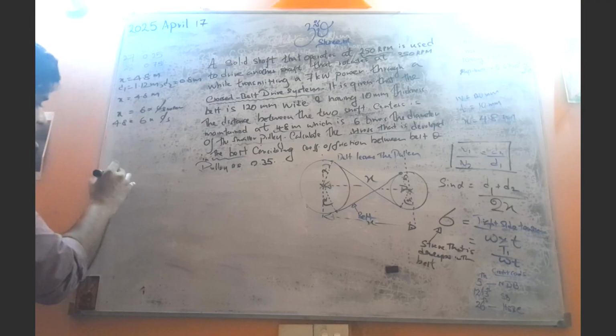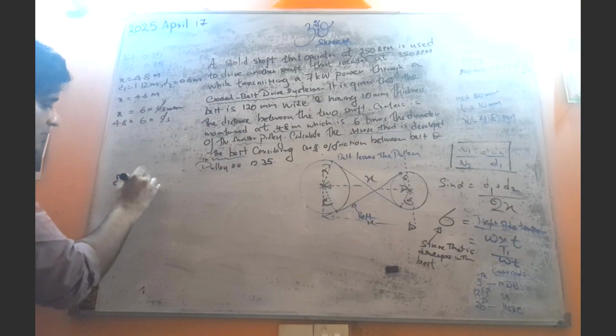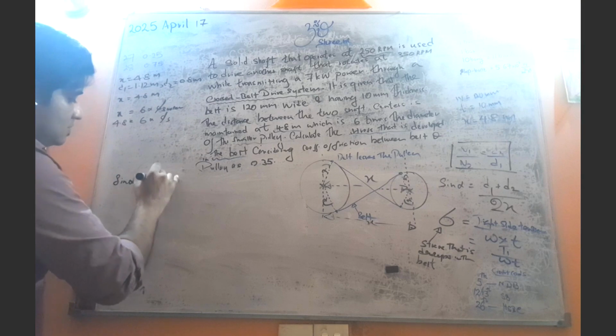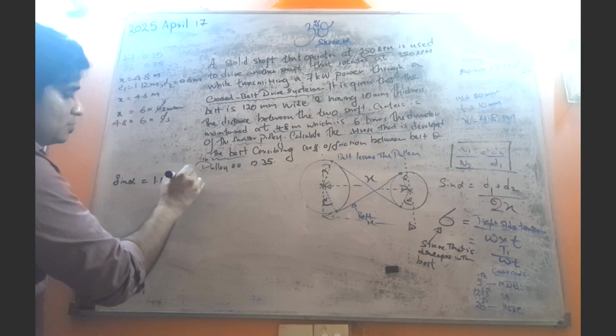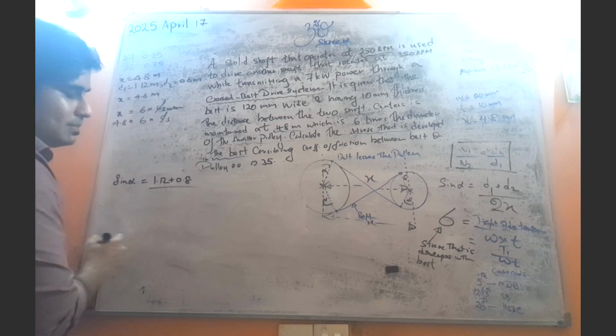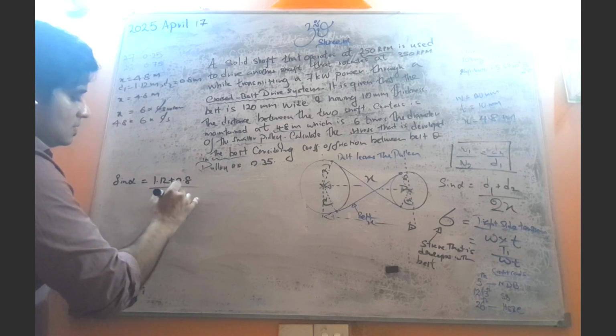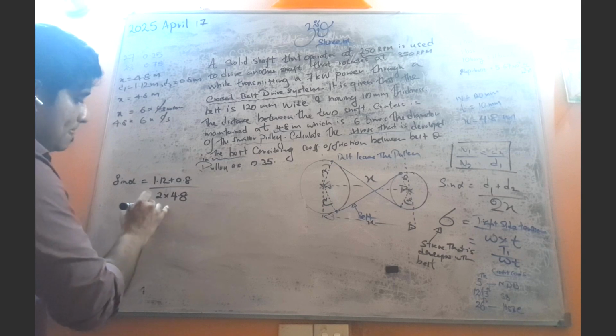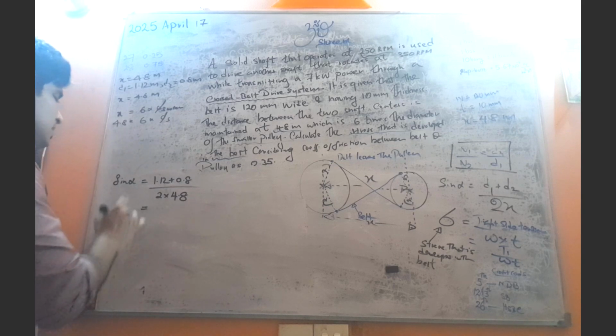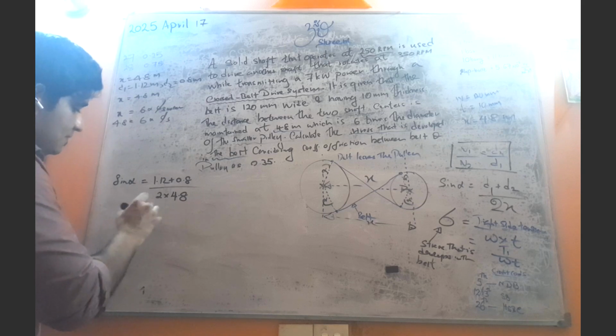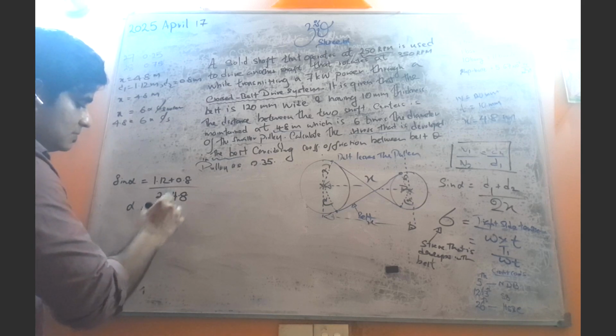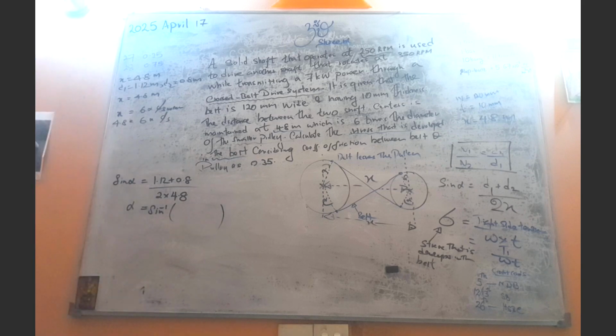Then sin alpha equals (D1 1.12 plus 0.8) divided by twice 4.8. Now let's find alpha. Alpha equals sine inverse of what we have here. Let's use the calculator.